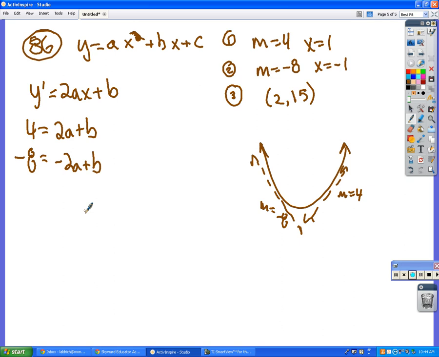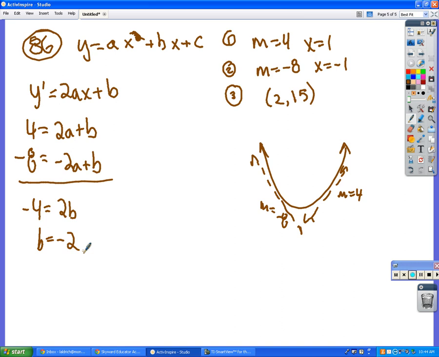Before I even mess with the third thing, something exciting happens right here. 2a and negative 2a, if I add those together, they will cancel. 4 plus negative 8 is negative 4. So I know that negative 4 equals 2b, so b equals negative 2.